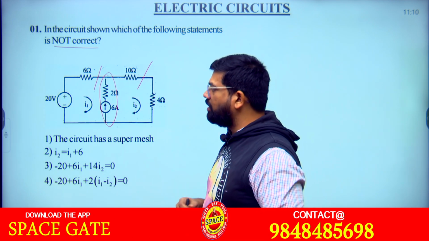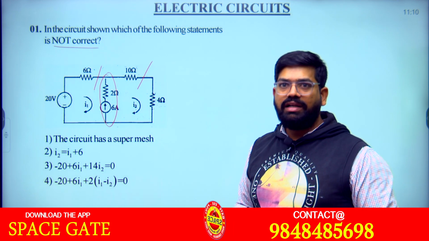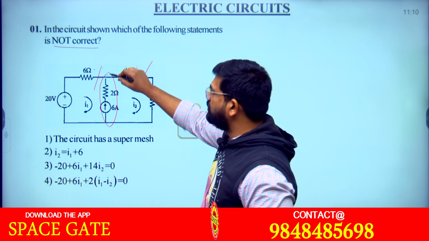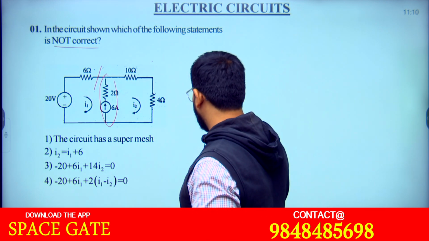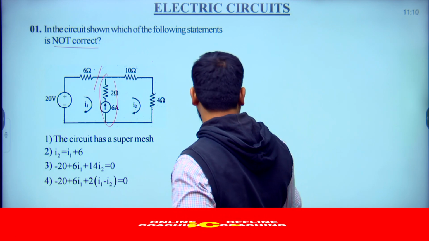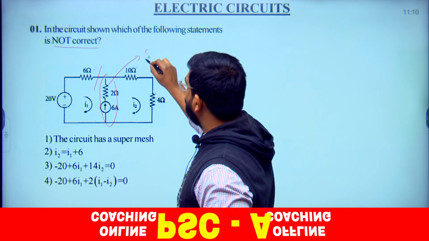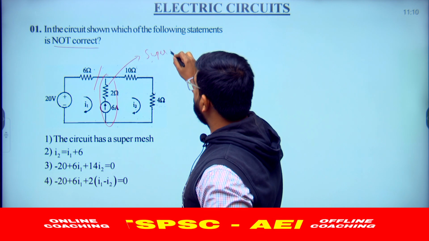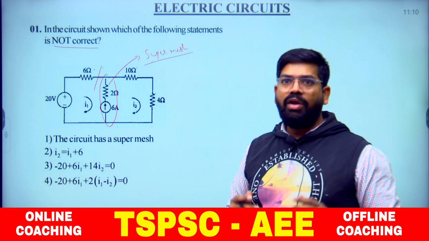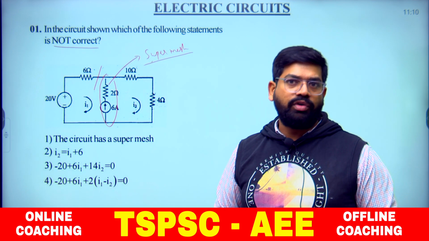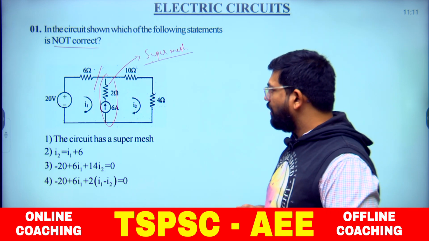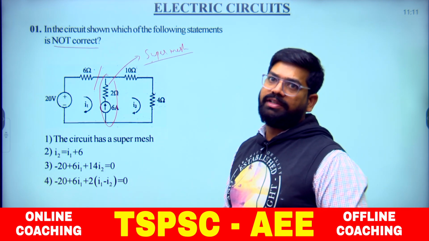Whenever we have a current source between two meshes, we call that a super mesh. What is the reason? When we have a current source, the voltage across the current source could be any value which we don't know in advance. That is the reason why we consider this as a super mesh.